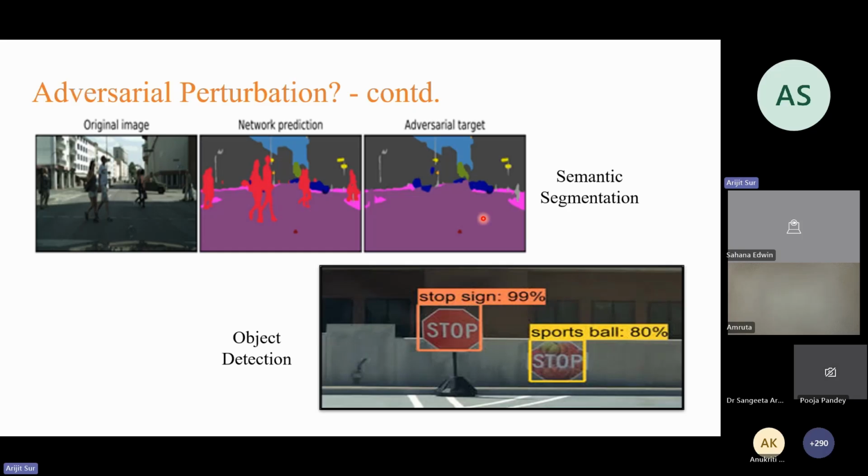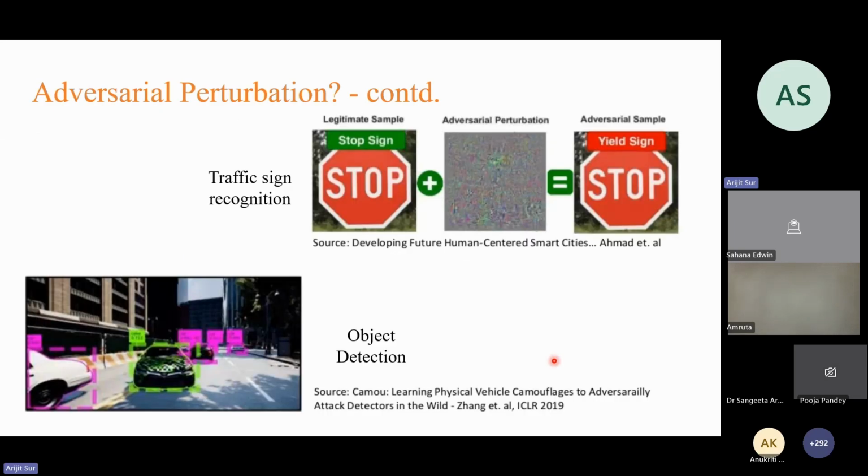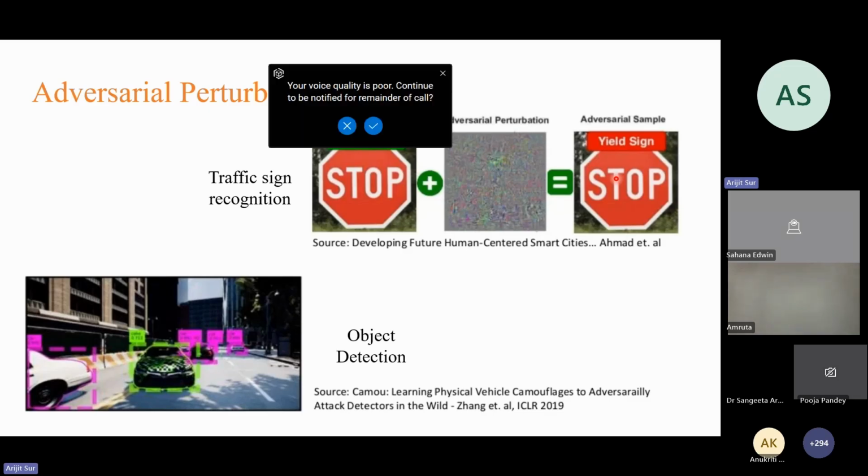This is also an object detection example: it is a stop sign, but it is classified as a sports ball with 80%. Here in this application, this is a stop sign, but if you put noise here, it is classified as something else.